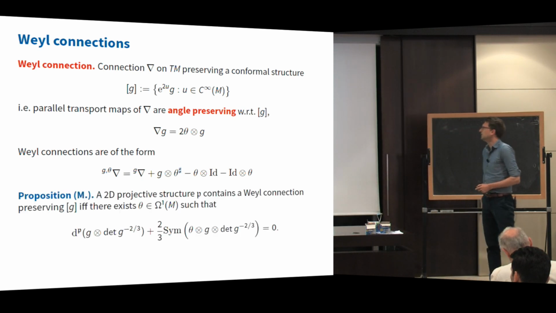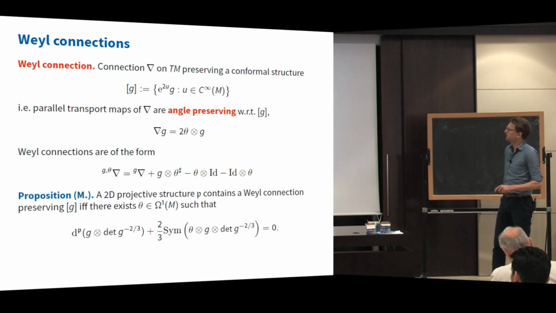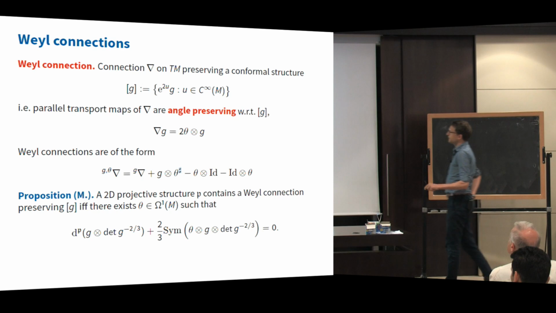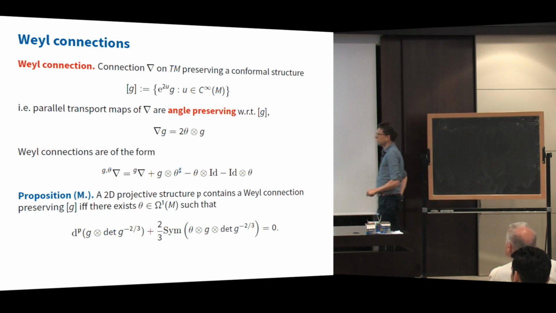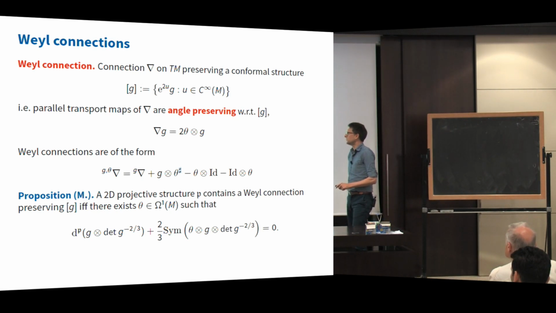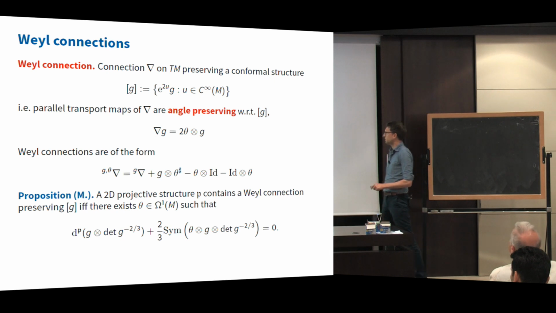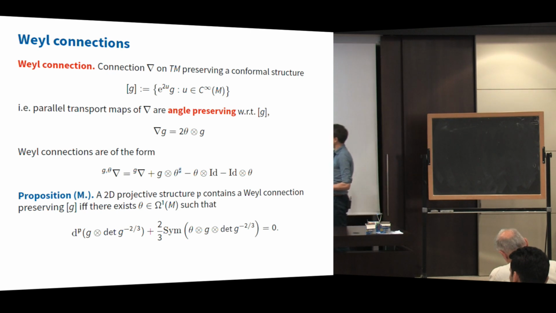Okay? So you can use the differential operator of Liouville to phrase this as a differential equation. So it turns out the 2D projective structure comes from a Weyl connection preserving the conformal structure g here, if there exists a one-form such that this equation holds. If you see this equation for the first time, it's maybe slightly misleading, because you could think, well, solve for theta.